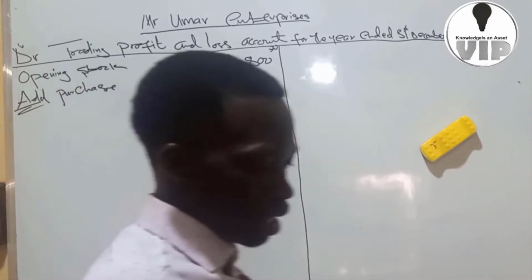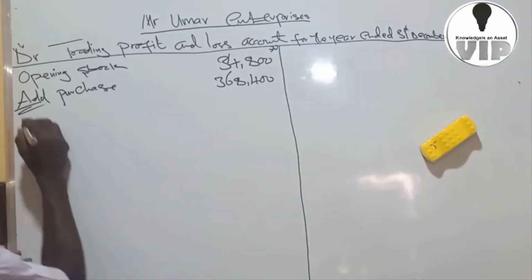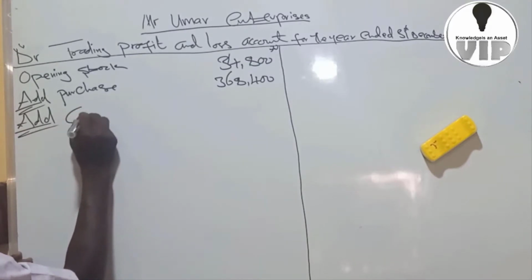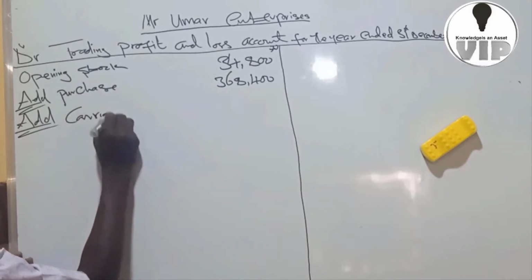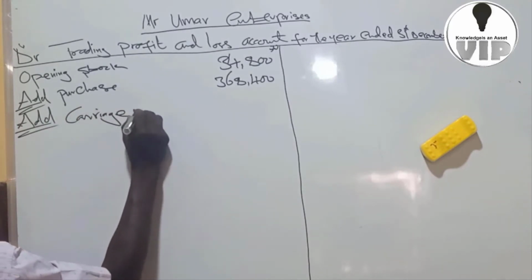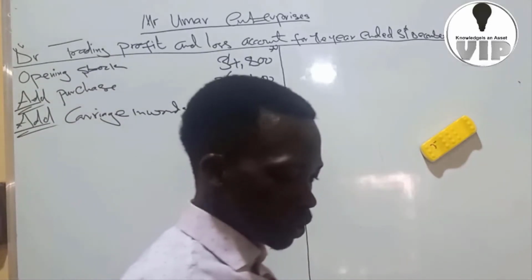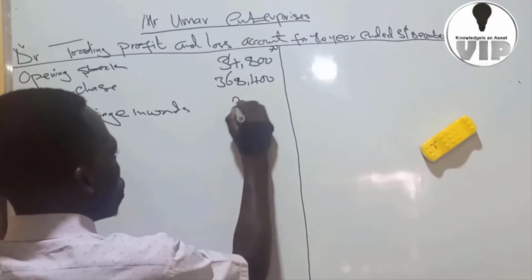Then the next thing is to add carriage inward. The carriage inward is 22,200.